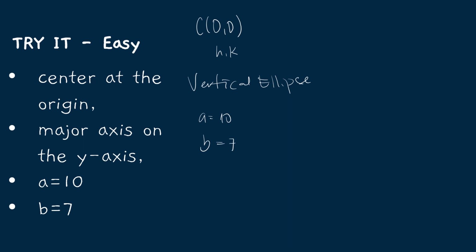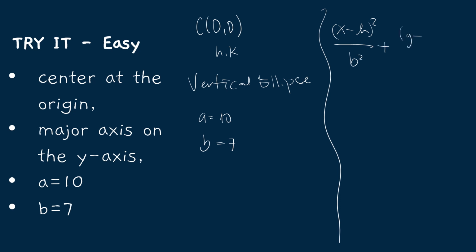We can now write our equation. A vertical ellipse has an equation of (x minus h) squared over b squared this time plus (y minus k) squared over a squared is equal to 1. Substitute the given. We have x minus h, so it becomes (x minus 0) squared over b squared, which is 7 squared, plus (y minus 0) squared over 10 squared is equal to 1.